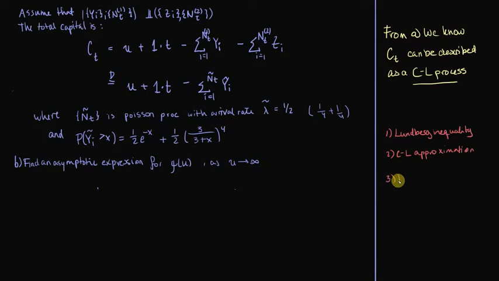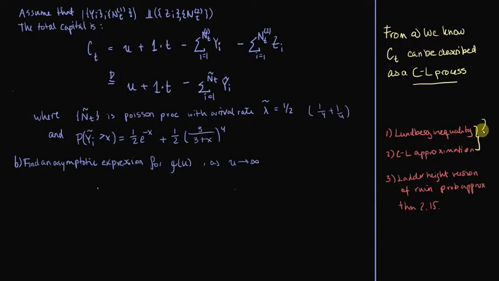And three, you have the ladder height version of the ruin probability approximation, which I just like to call Theorem 215. Now, we use these in different cases.